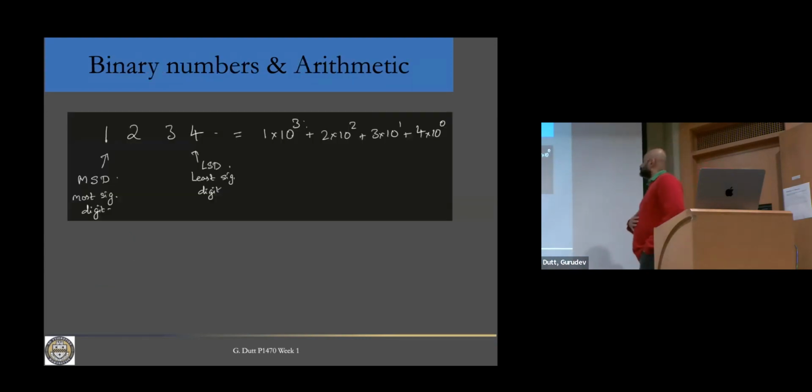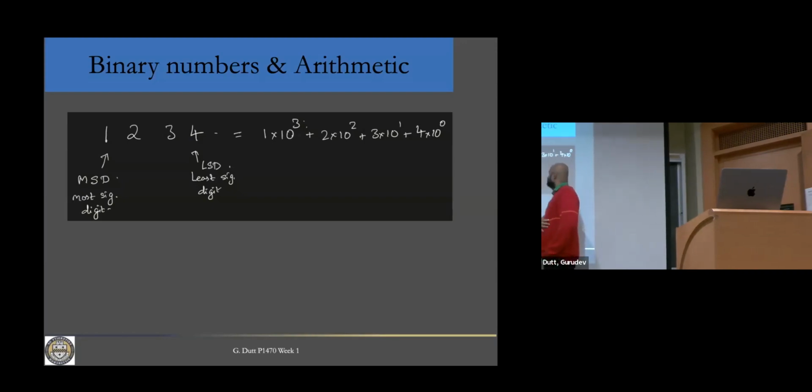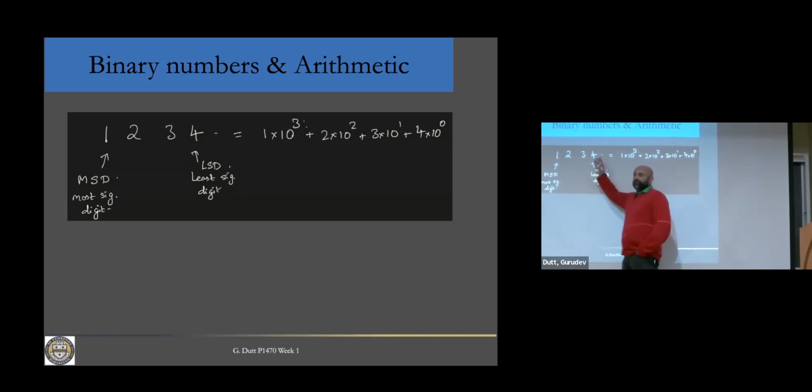So as we move into binary logic, it helps to first think about binary numbers. Probably most of you know this, but I'm just quickly reviewing it. If you don't know it or you're confused, please don't hesitate to stop me. So in normal decimal arithmetic, which is the number system that we're all familiar with and use most often, if you have a number like 1, 2, 3, 4, then that represents the following number.